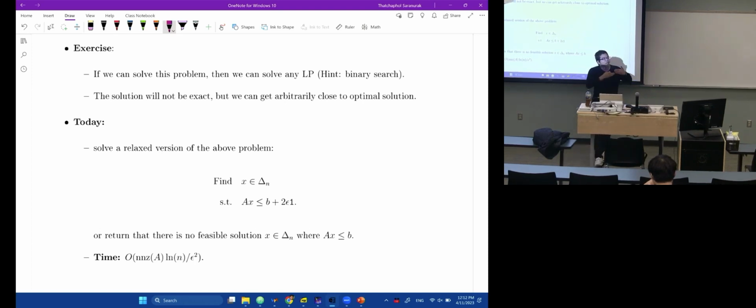So for each constraint, I satisfy it up to some additive epsilon. Or I say that there is no feasible solution such that everything is really satisfied. So there's no slack here, but there is slack here. If I find something, I allow some slack, or say that there is no feasible solution.